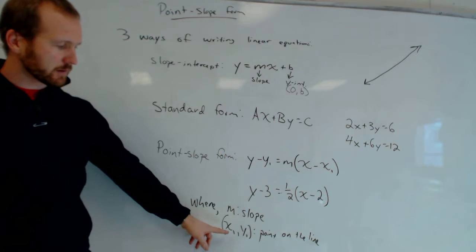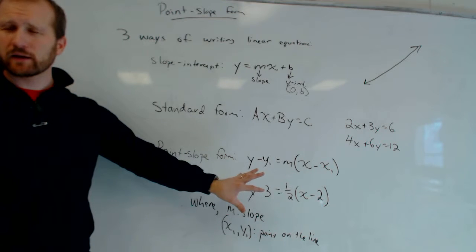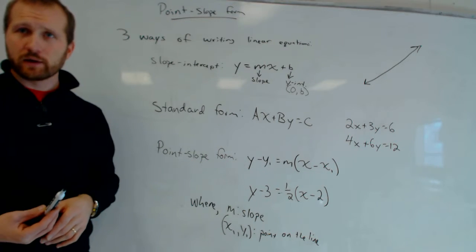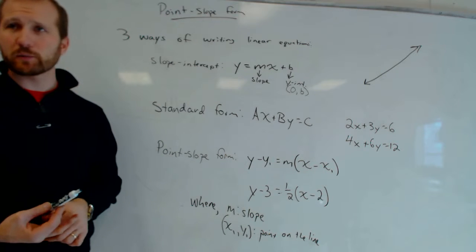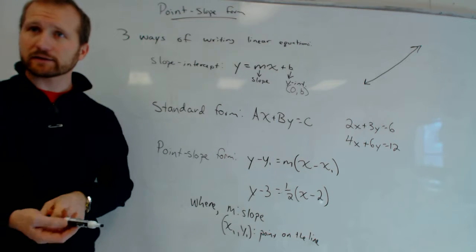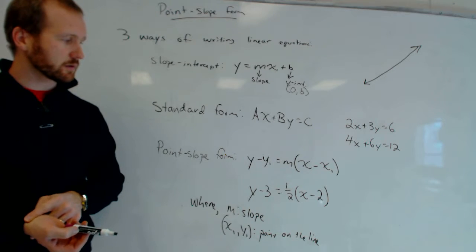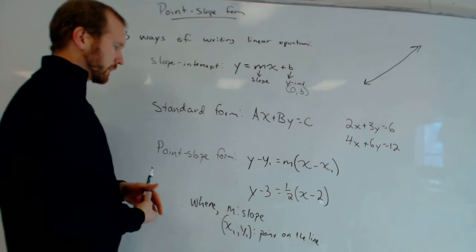Okay, (x1, y1) could be any point on the line. So this is kind of the least specific form of the equation. But it's a really easy form to graph with, and a really easy form to write an equation of a line with. Let me show you why.